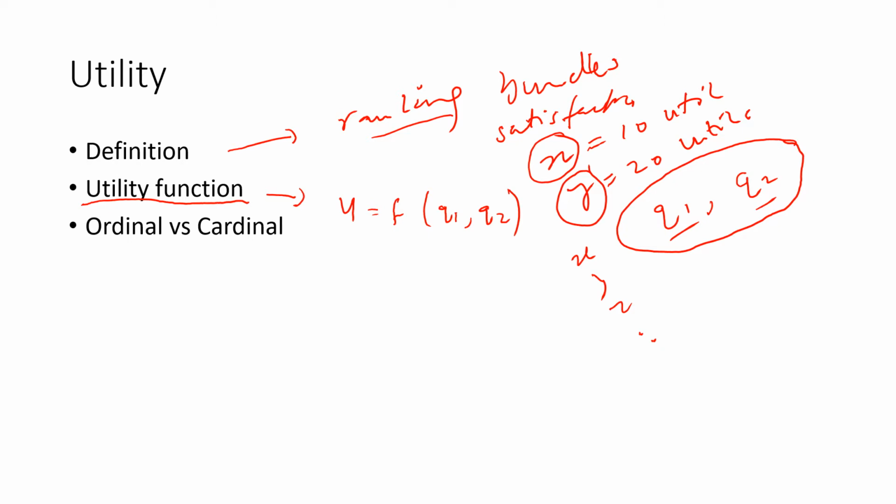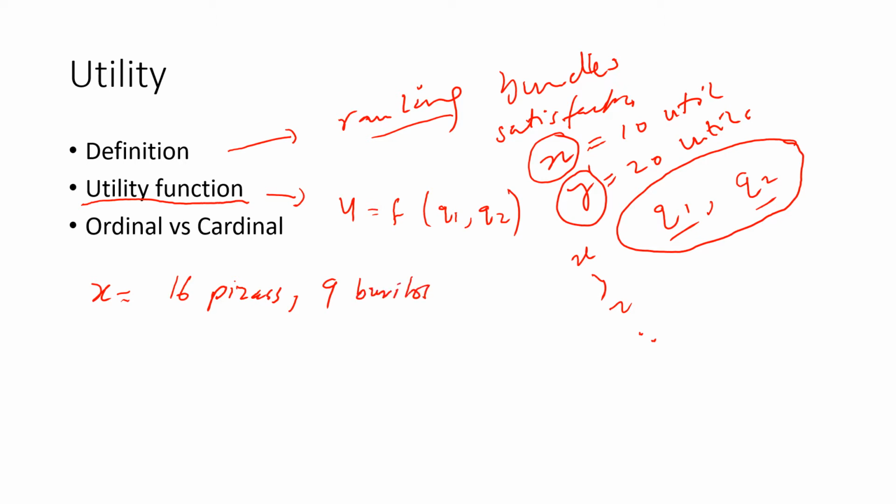So let's say that we have a consumer, and the consumer has a bundle X, which consists of 16 pizzas as well as 9 burritos, right?